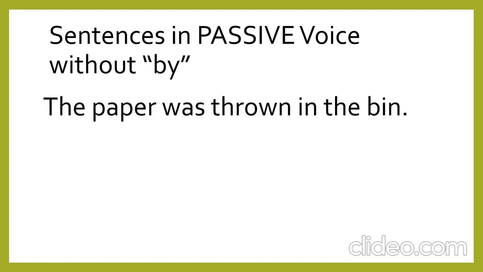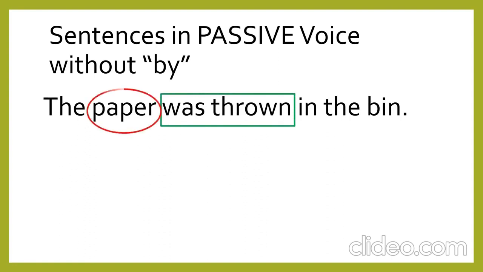The paper was thrown in the bin. Let's follow the two steps I mentioned earlier. First, you have to identify the verb. And the verb is was thrown. Next, identify the subject. The subject is paper. Now ask yourself, is the paper the one doing or receiving the action?